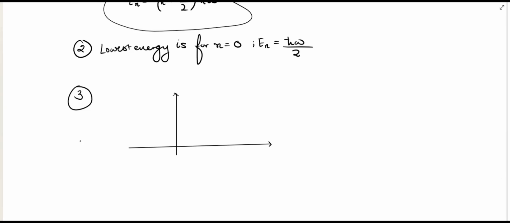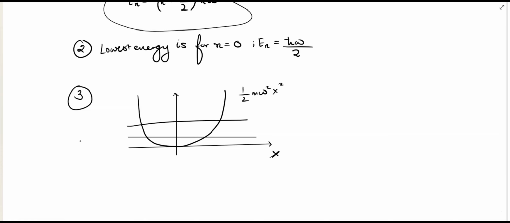So if I plot the potential, that is half m omega square x square, in terms of x, then I would see that the allowed energy levels are all equally spaced. So this is E0, E1, E2, and so on.